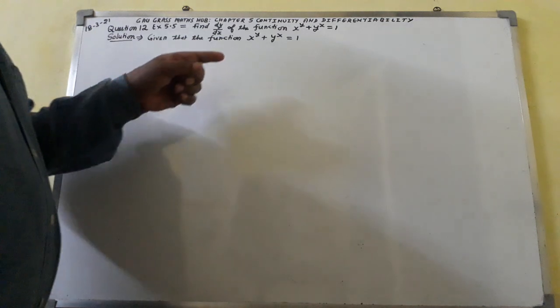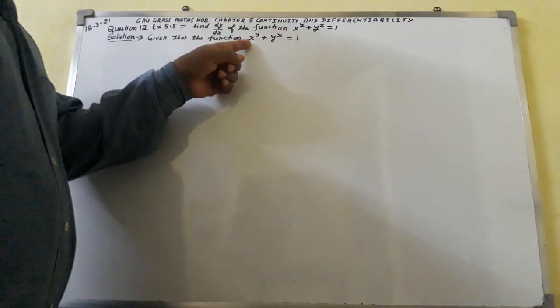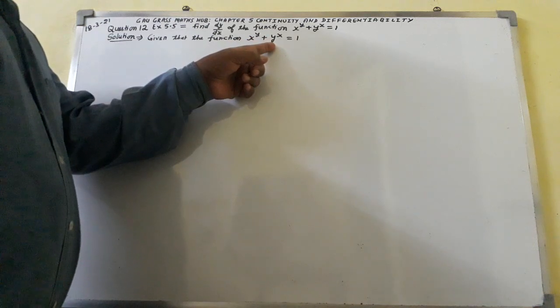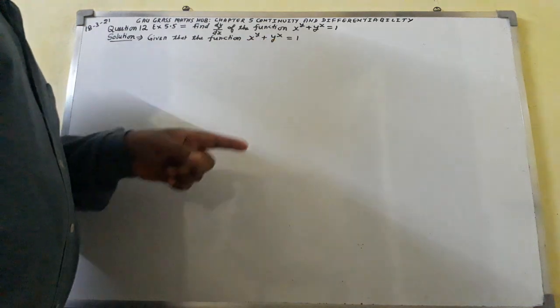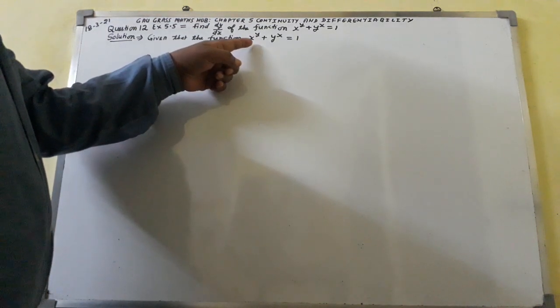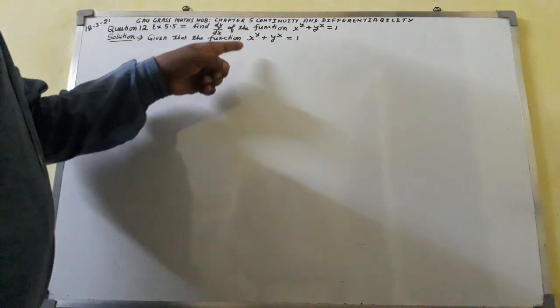That's why the first term will be called u and the second term v, and by using the logarithmic method we shall simplify this function and thereafter differentiate the function with respect to x. Let us see how this question is going to be solved.